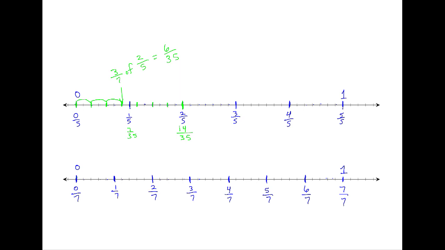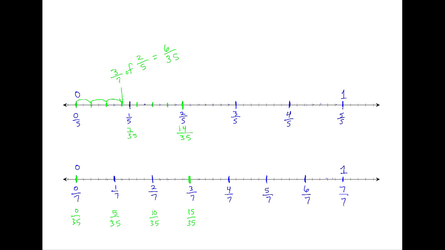Okay, so now I want to cut. Here is from 0 to 3/7. If I want to divide this into 5 equal pieces, to take 2/5 of 3/7, well, I have each piece divided into 5, so there's 0/35. This is 5/35. Here is 10/35. And here is 15/35.